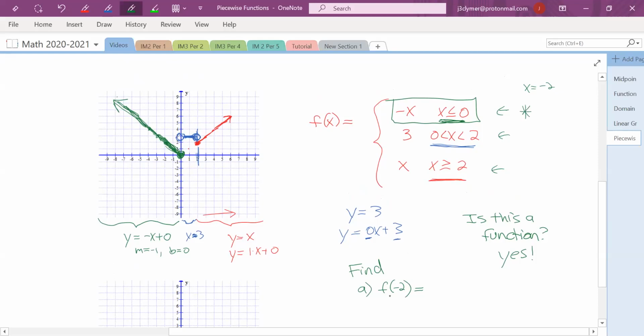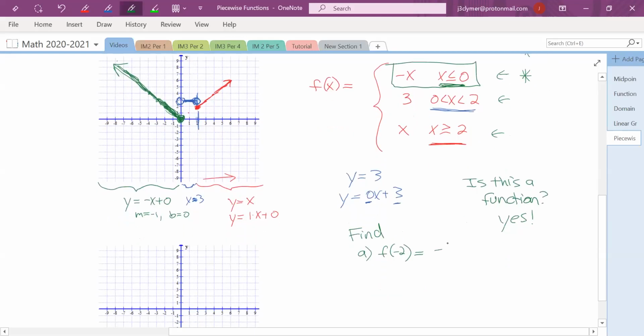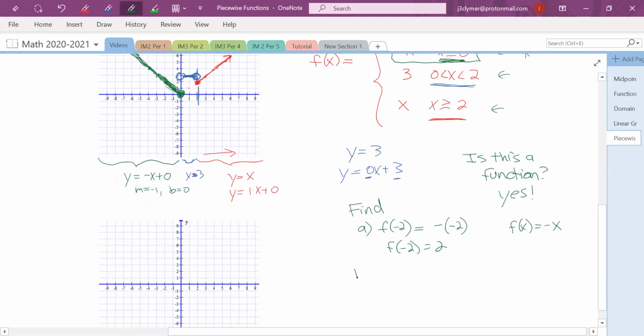So to find f of -2, you're actually going to plug in to this one here. We're going to use f of x is equal to -x, because f of x is equal to -x when x is equal to -2. So you're plugging specifically into this first function. So we get f of -2 is going to equal +2, which makes sense because we can kind of see that over here.